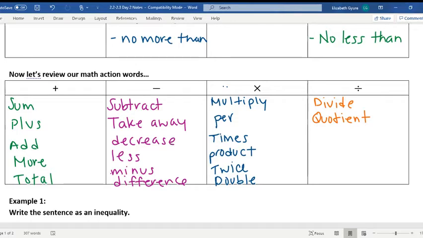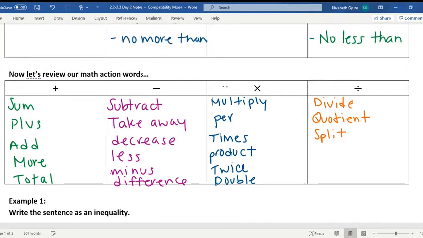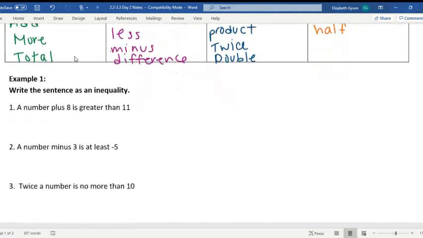Something you could say with that is split, right? If I split something, then I'm technically dividing it. Or half, right? Doesn't half mean divide by 2? Those are really all I can think of for divide. There's not as many. Good, so let's look at some word problems.